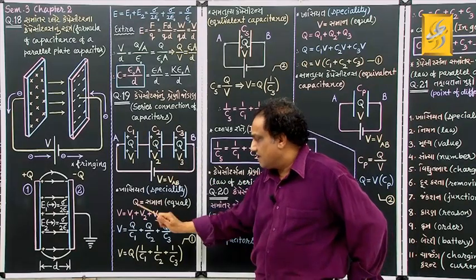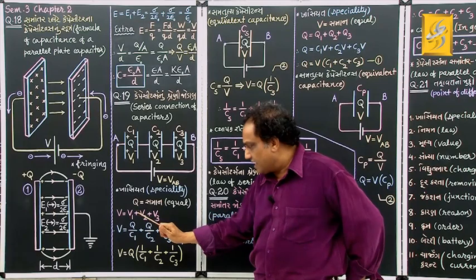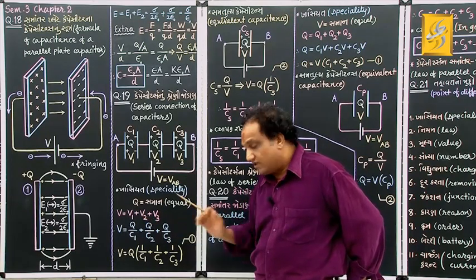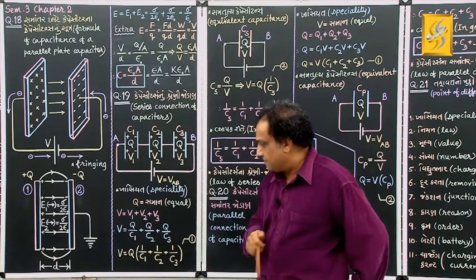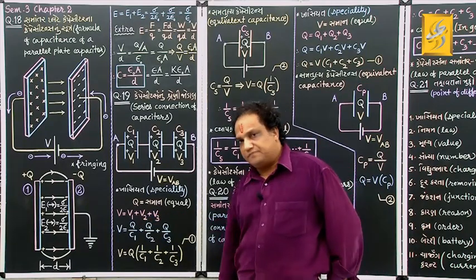For the first capacitor I am taking potential difference as V1, for the second V2, for the third V3. Correct?